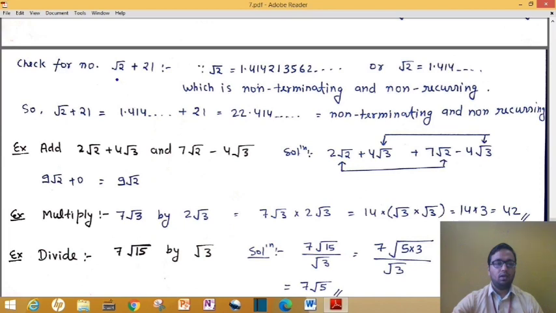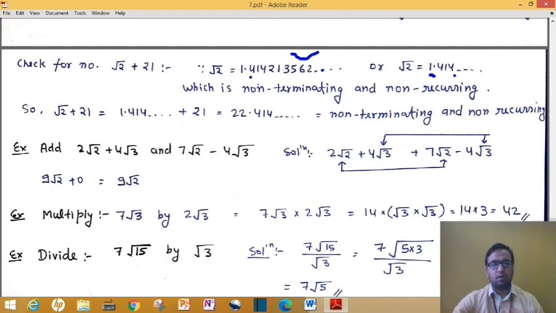Root 2 is 1.414213562. If you look at root 2, it is not a terminating number, because its answer is like 1.414 and so on. You can solve this by yourself also by taking the square root of 2. So you will get this answer. In short, you can write 1.414.